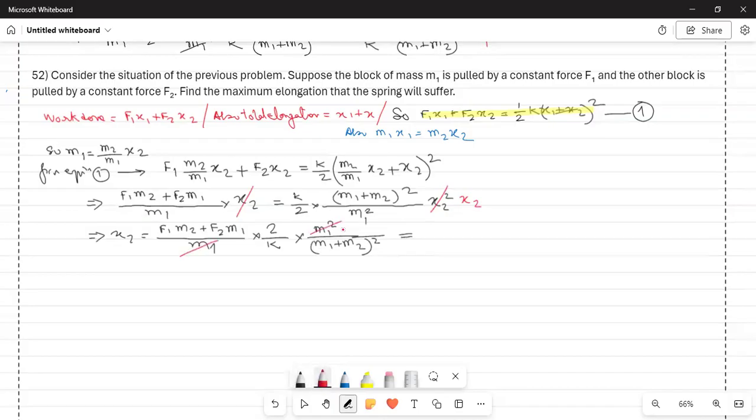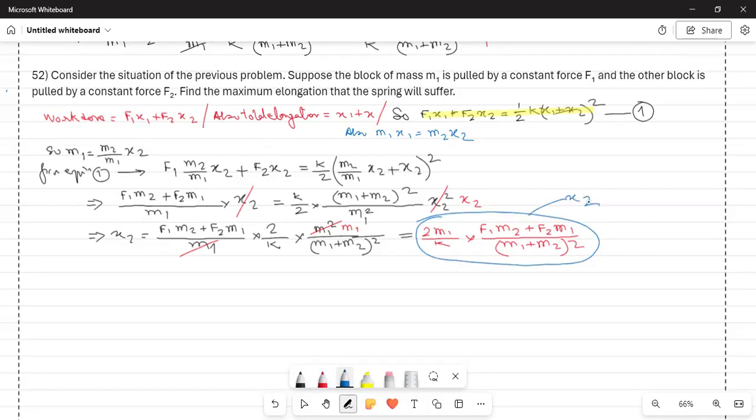This m1 gets cancelled with m1 square, and I am left with only m1. So I have x2 equal to 2 m1 by k multiplied by F1 m2 plus F2 m1 divided by m1 plus m2 whole square. This is the value of x2.